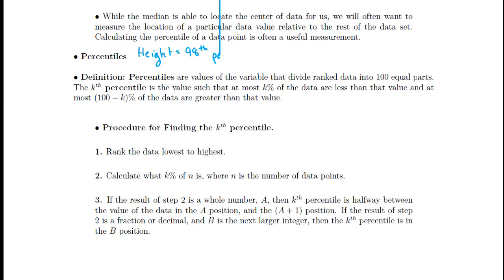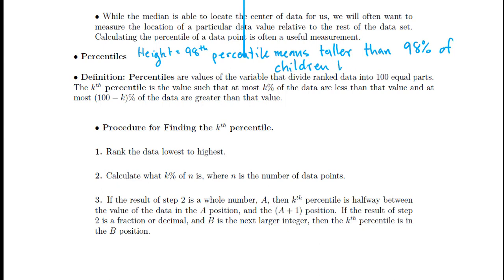So if she has a height in the 98th percentile, then she is taller than 98% of children her age. Okay, so that's what it means to be in the 98th percentile.